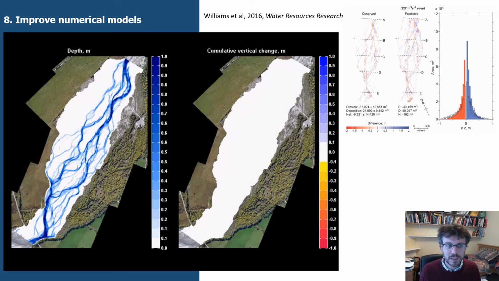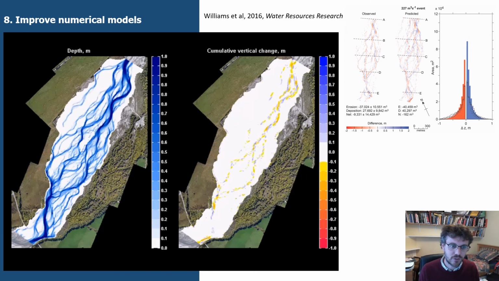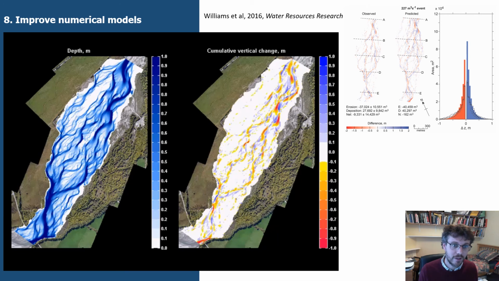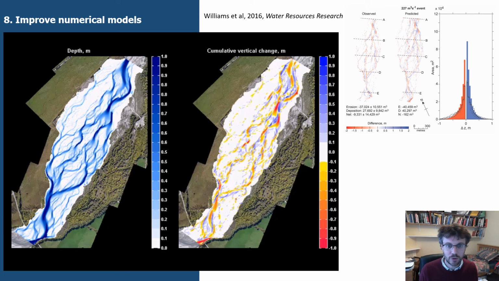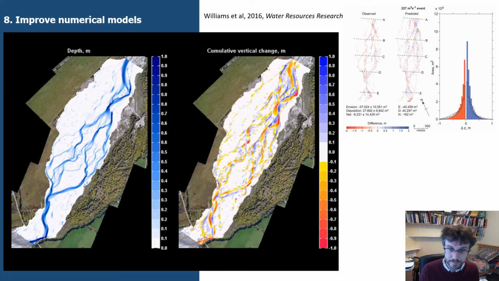Sediment budgets can also be used to improve numerical models. In the animation on the left-hand side of this slide, we can see a hydrodynamic model with water flowing from the top right-hand corner downstream to the bottom left-hand corner. On the right-hand side, we can see a sediment transport model and the results of that sediment transport model in terms of predictions of morphological change that occur during this high flow event, with erosion shown in red and deposition shown in blue.